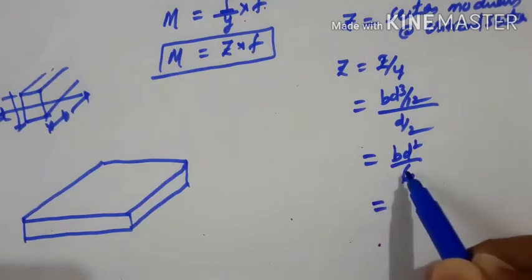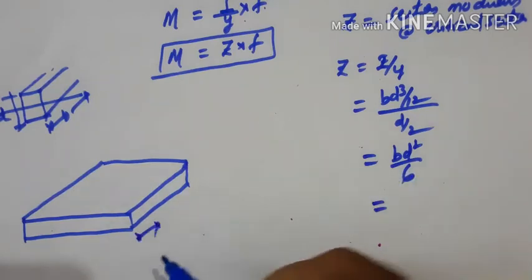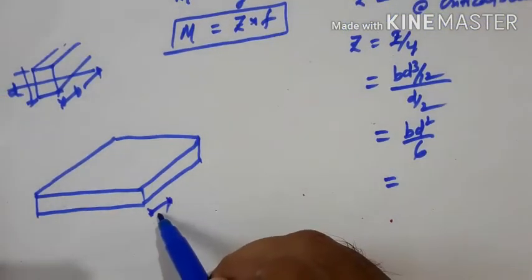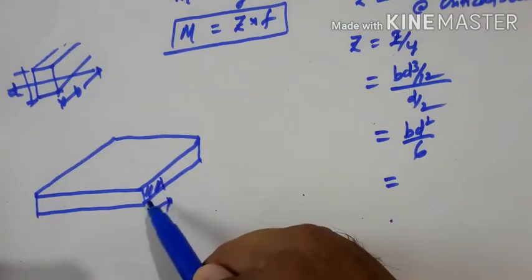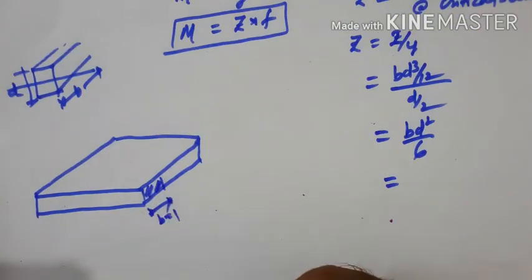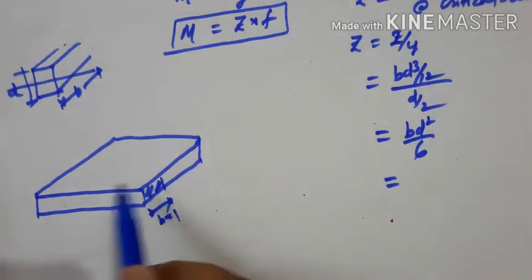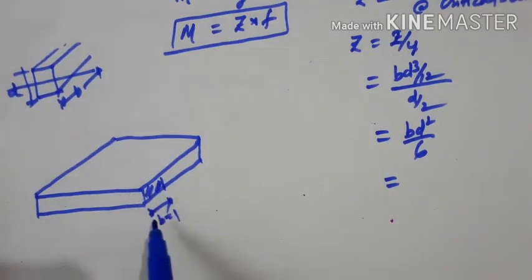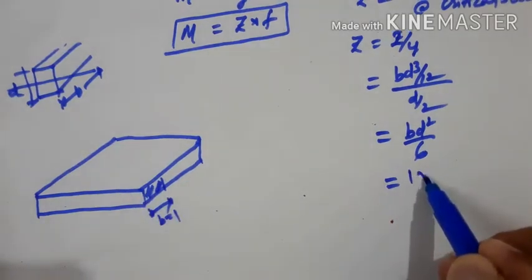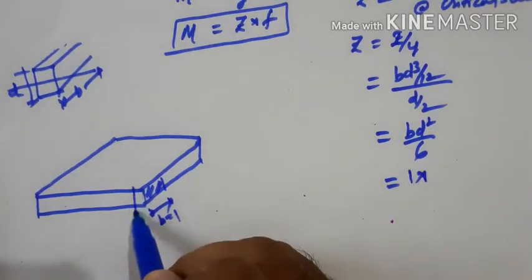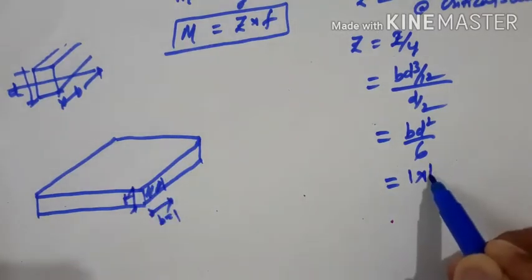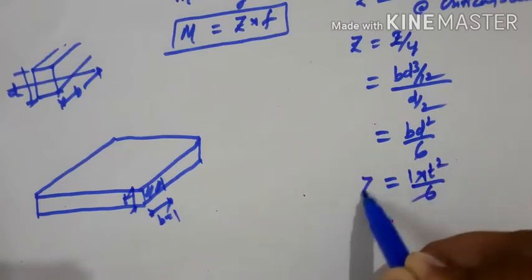Then b is nothing but, we take 1 meter. This much is to be considered unit width, that is b equal to 1. For unit width, what is the moment of resistance? b is 1, into d, which is nothing but the thickness t, square by 6.